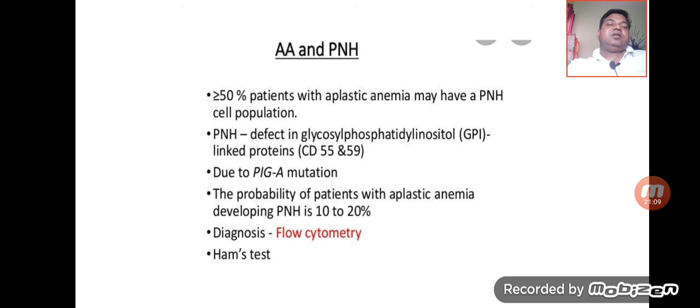The patient develops hemoglobinuria at night due to the increase in acidity, and the PIG-A gene mutation is very important. The probability of a patient with aplastic anemia developing PNH is around 10 to 20%. We can make the diagnosis using flow cytometry and the HAM test, so this condition must be differentiated from aplastic anemia.